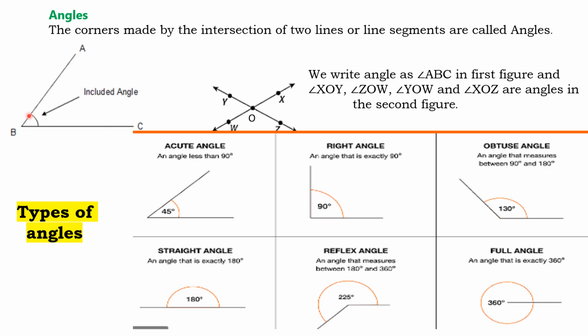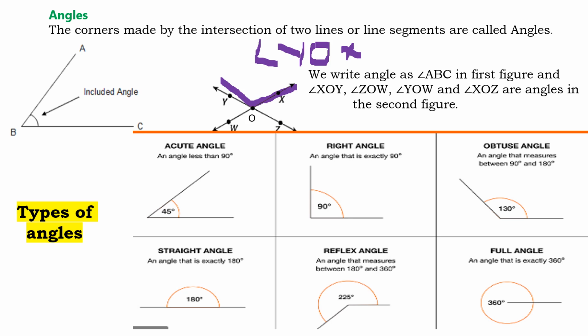So this portion between AB and BC is called your angle. We write angles with this symbol. I hope you remember. So if I want to show this angle, this will be angle YOX. Clear? So different angles are written here.